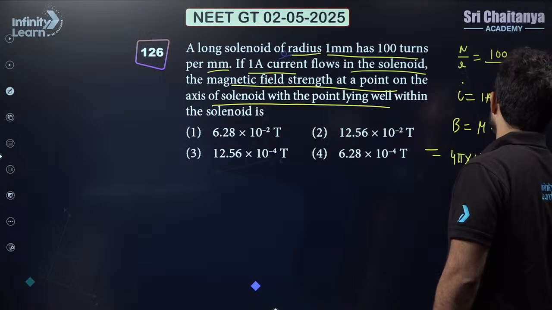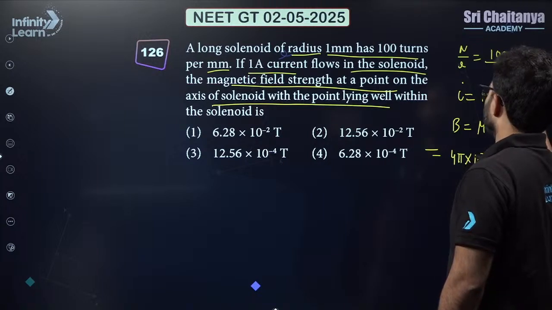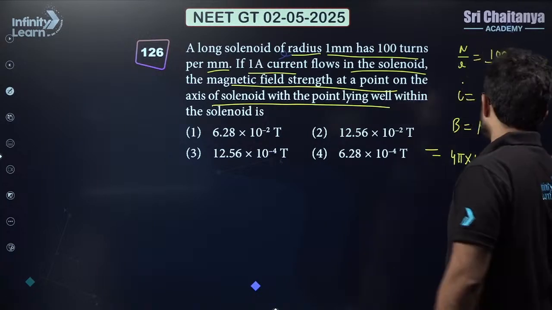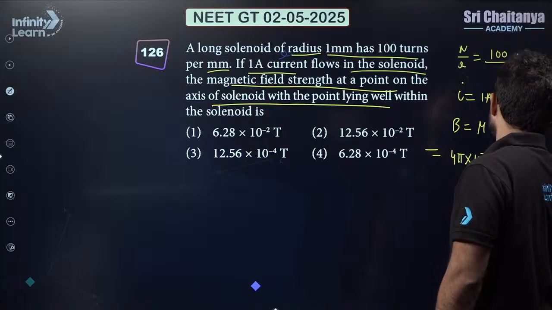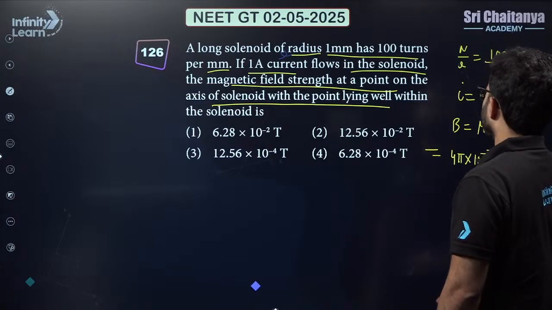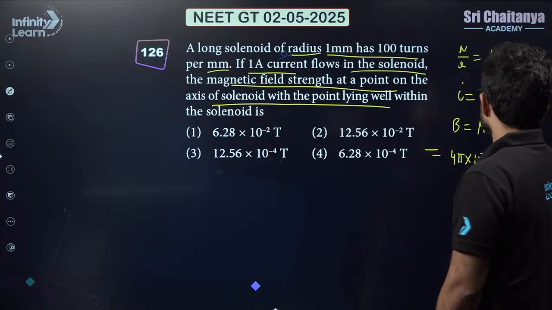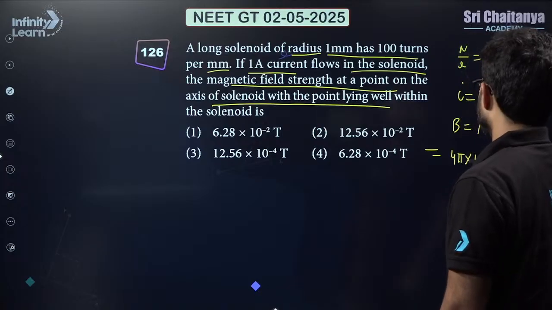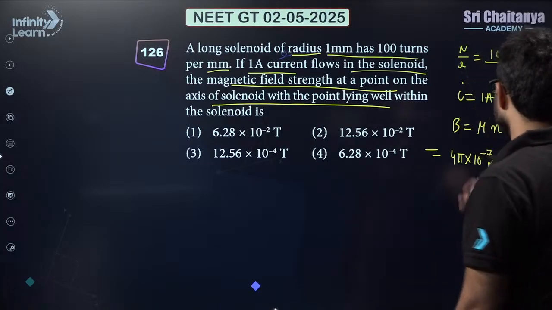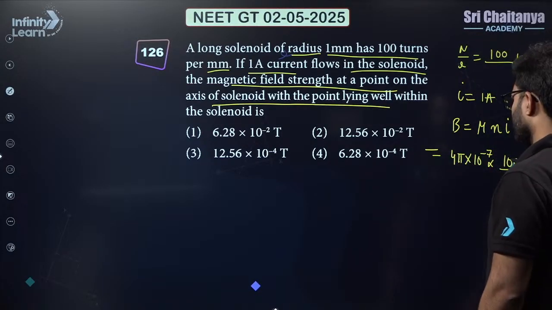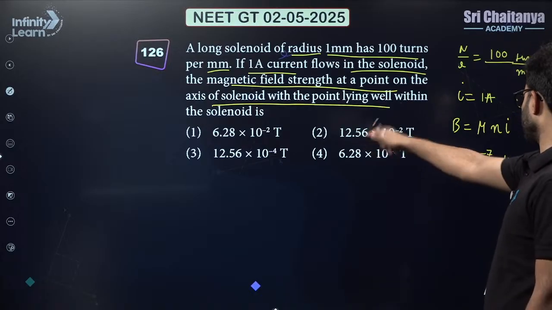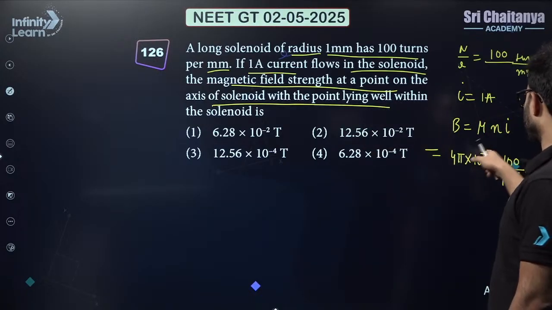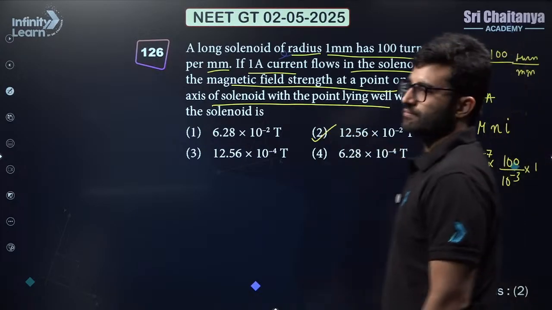What is N? 100 divided by 1 mm, per mm, but I have to calculate it in meters, so 10 to the power minus 3, multiplied by current, which is 1 ampere. So from here you can see the value will come out to be, taking pi as 3.14, 12.56, 3 plus 2, 5 minus 2. So that would be minus 2 here.